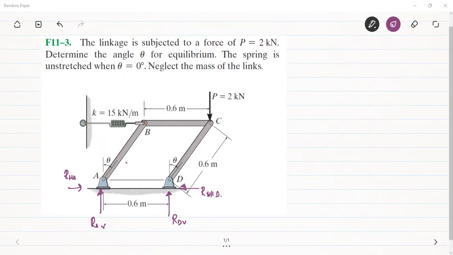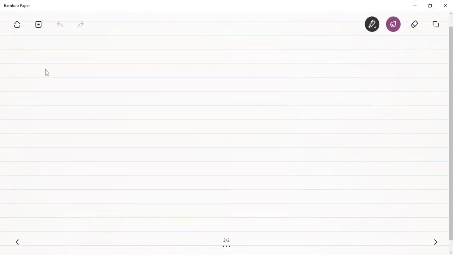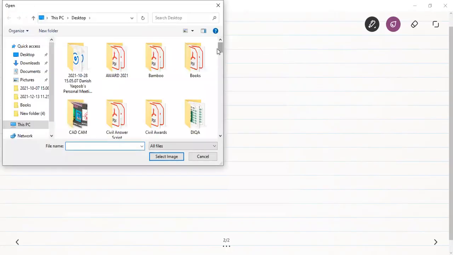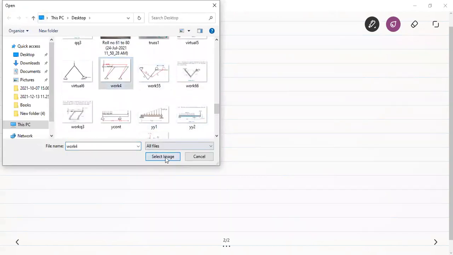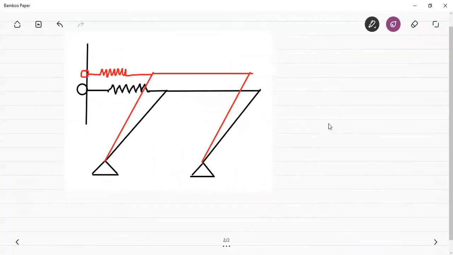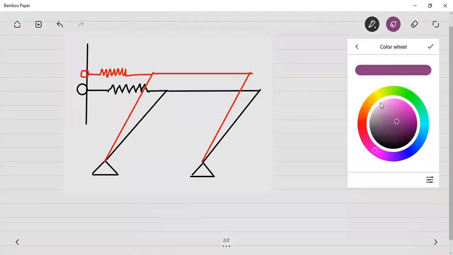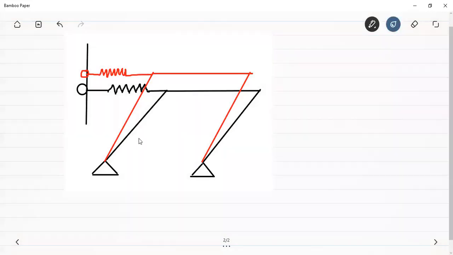So we can also see how this system will look after giving certain displacement to any of the links. See, this initial position is shown by the black color, and the final position is shown by this red color. What I have currently assumed is that the link has been given the angular displacement in the anti-clockwise direction. Obviously, the points have lifted up.